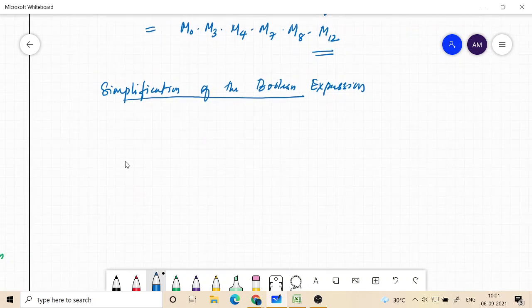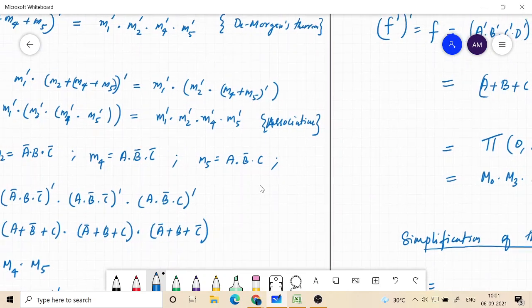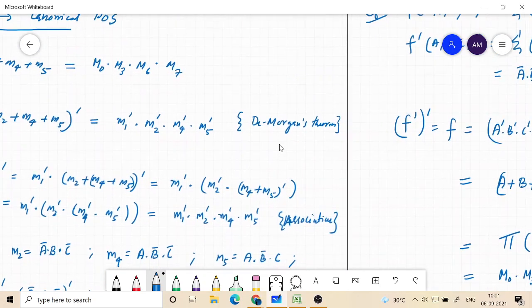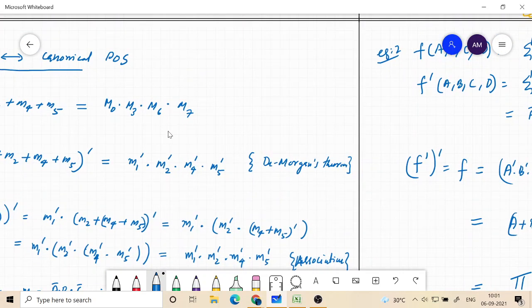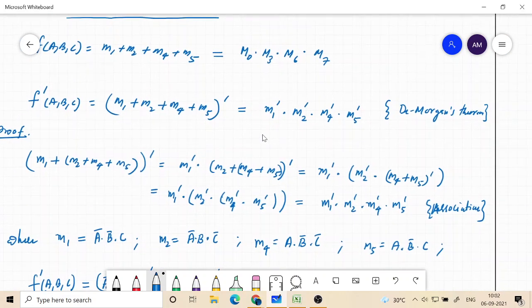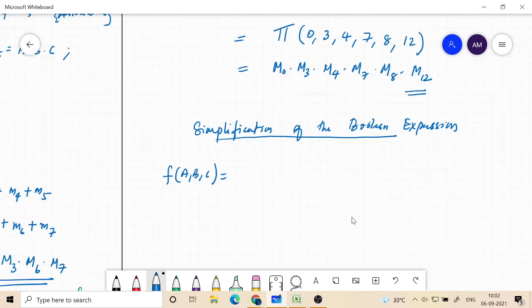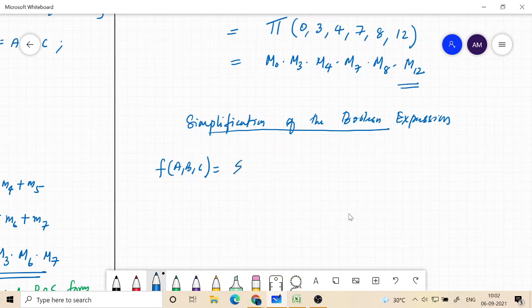So let's go back to our earlier example itself, f of a, b, c. Okay, this example let us take again, that is m1, m2, m4, m5. Okay, so this is what is given.